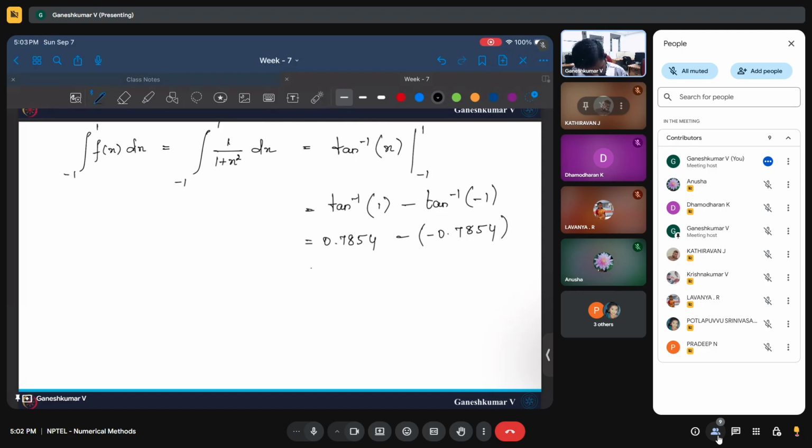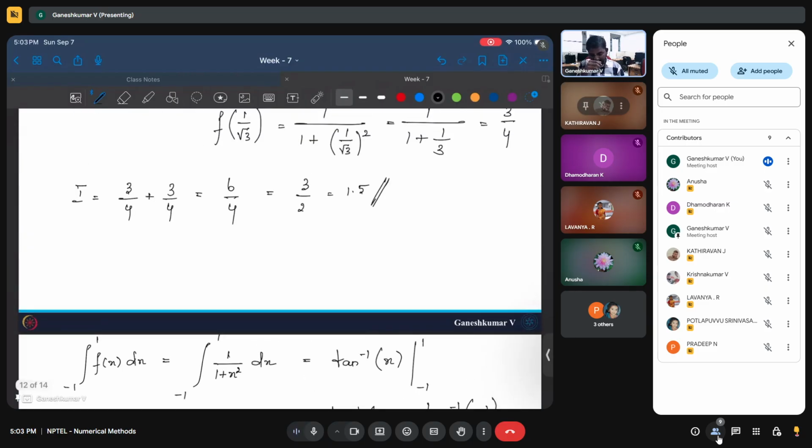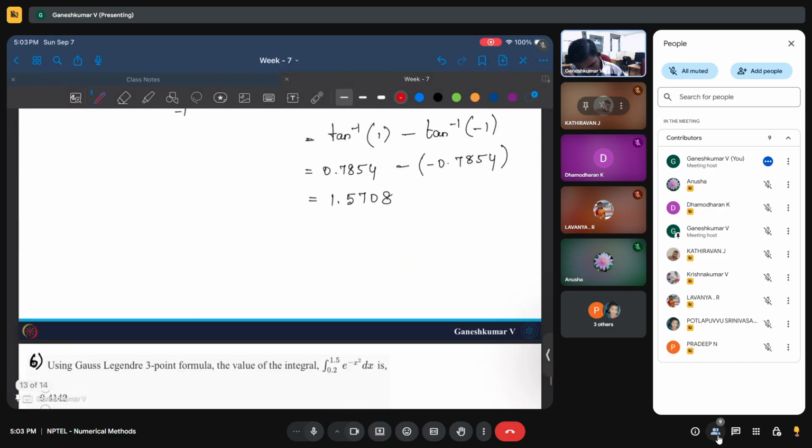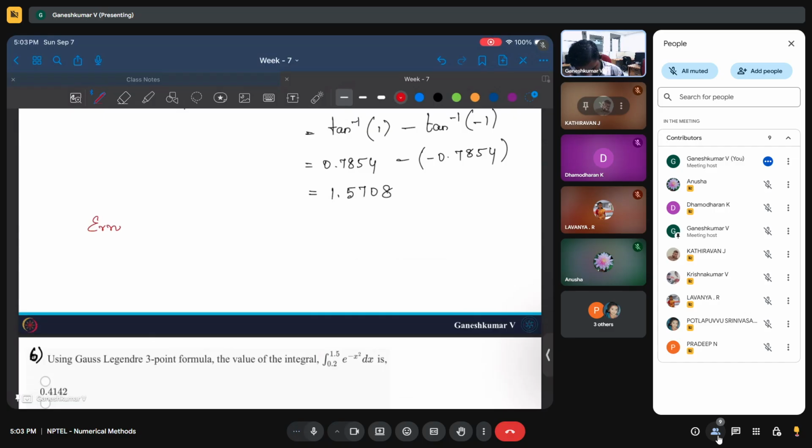Okay, and this comes out to be 1.5708. But what you found out using the Gauss 2-point formula is 1.5. So the associated error is nothing but 1.5708 minus 1.5, which is 0.0708. This is your error.